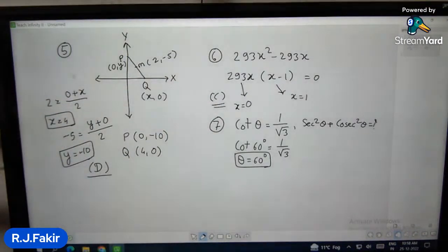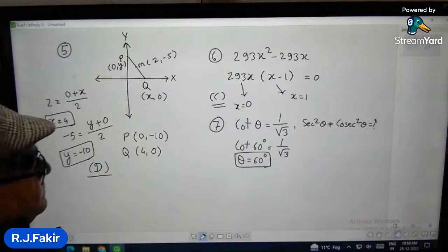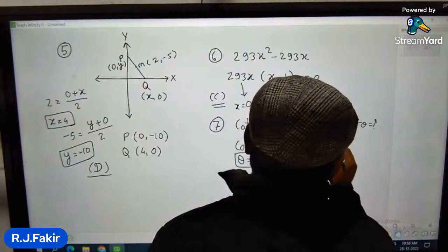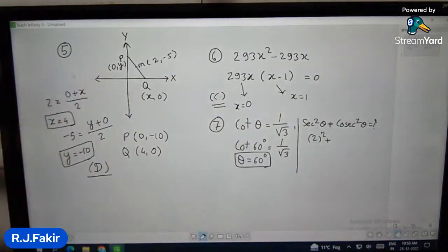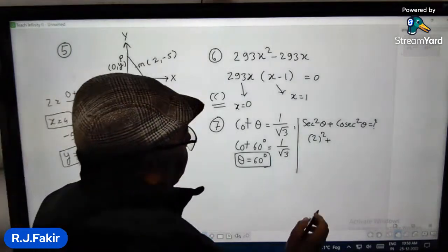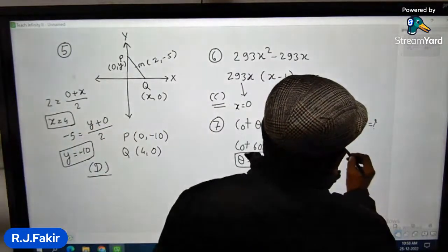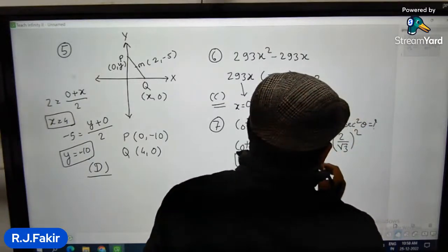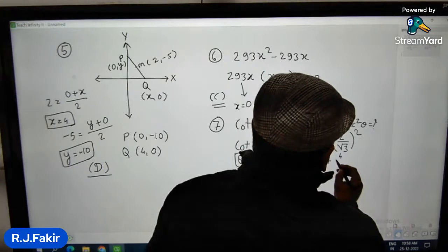Now using this value, you can take secant square 60 degree plus cosecant square 60 degree, make square of that, and you can add. Secant 60 is 2, so this will be 2 square. What about cosecant 60? It is 2 upon root 3. This will be 4 by 1 plus 4 by 3.